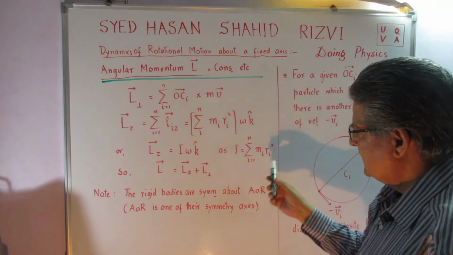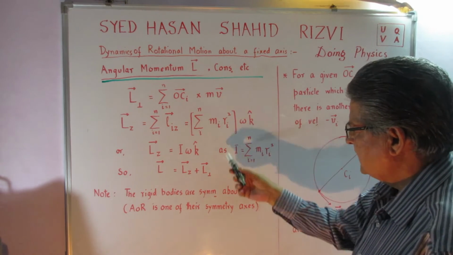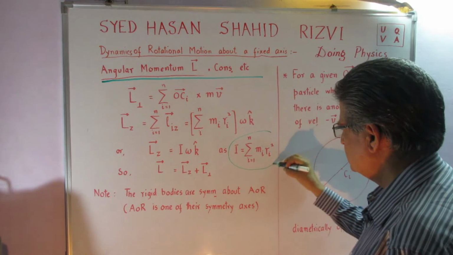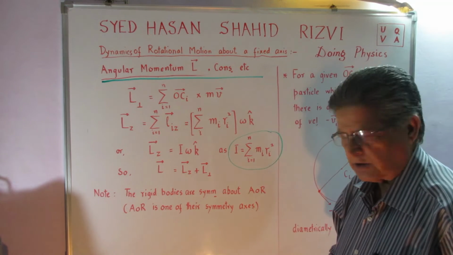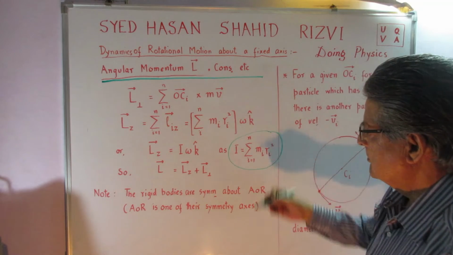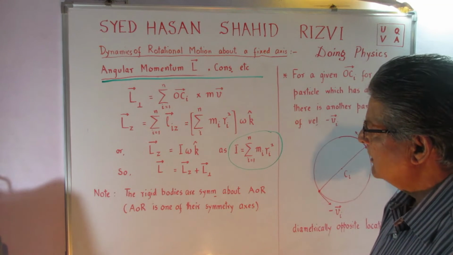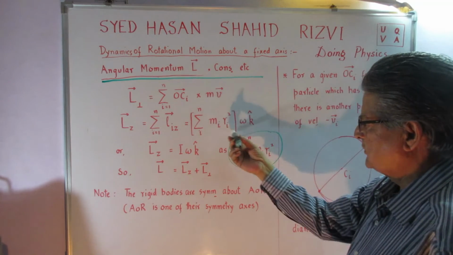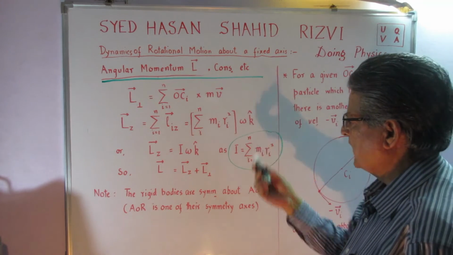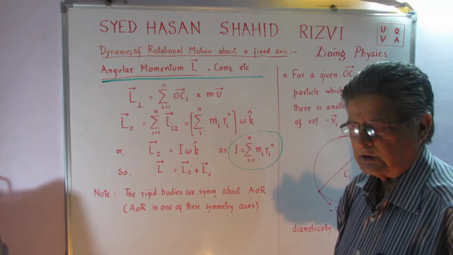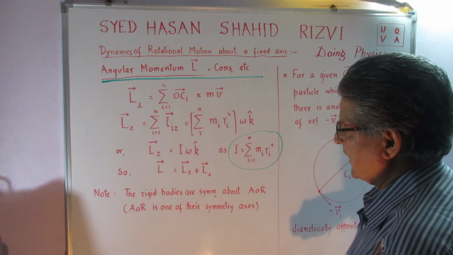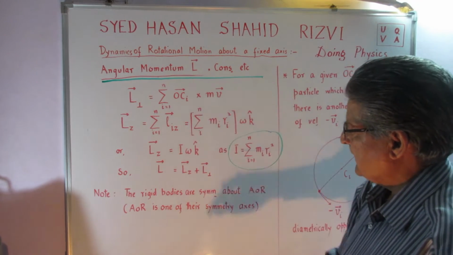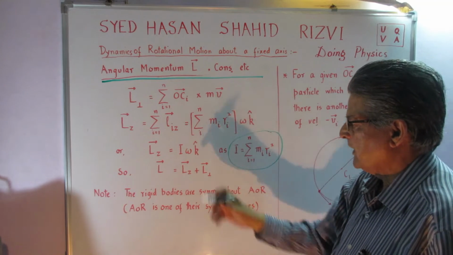What is this? This is the moment of inertia of the body, multiplied by omega, which is the angular velocity. And of course all these terms here are scalars into k cap, which shows the direction vector. Or I can write this equation simply as I omega k cap.